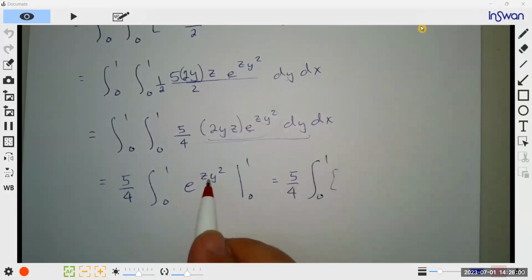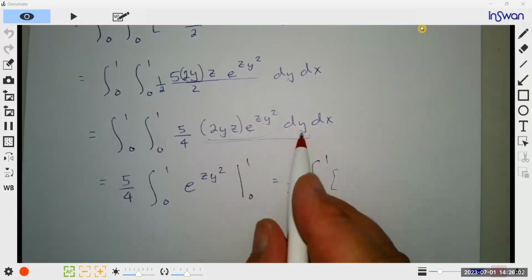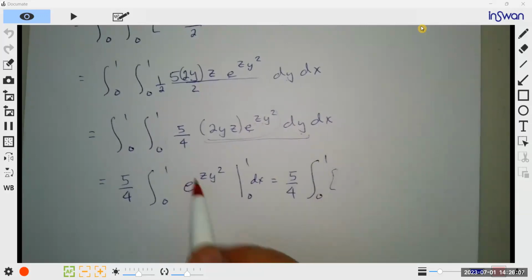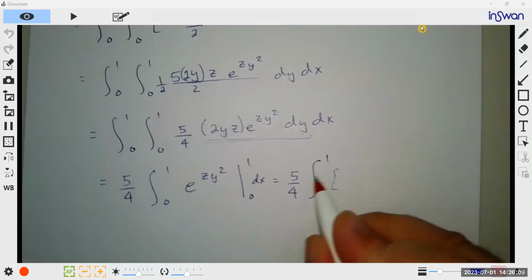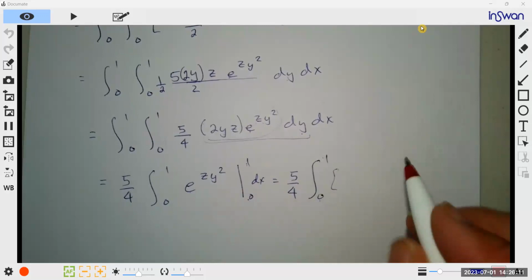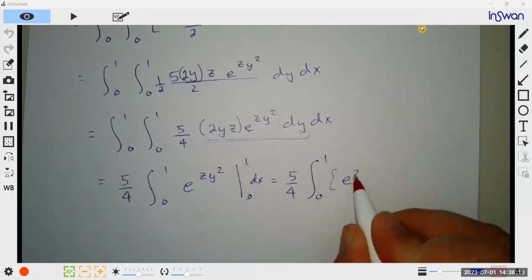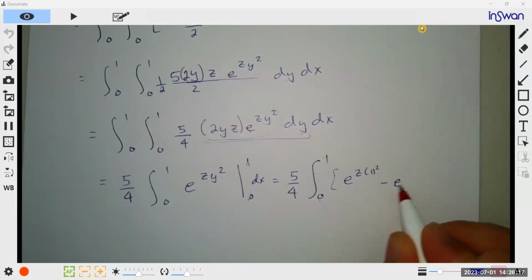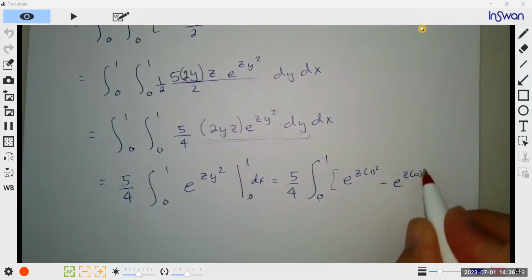Since we're doing this with respect to y, we have to look at both the 0 and the 1: e to the z times 1 squared minus e to the z times 0.